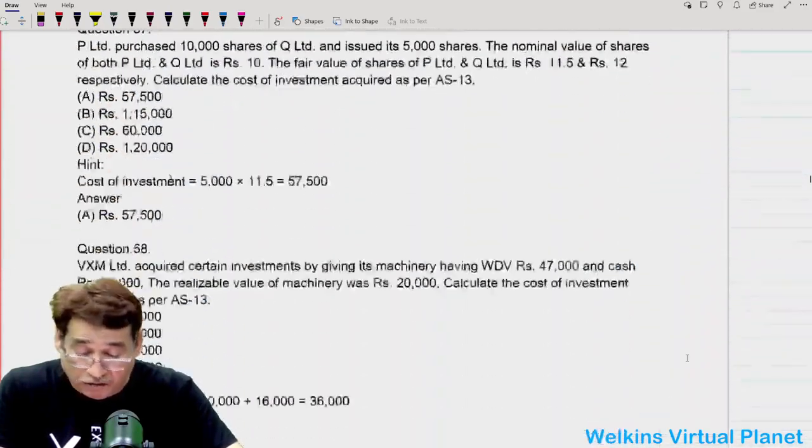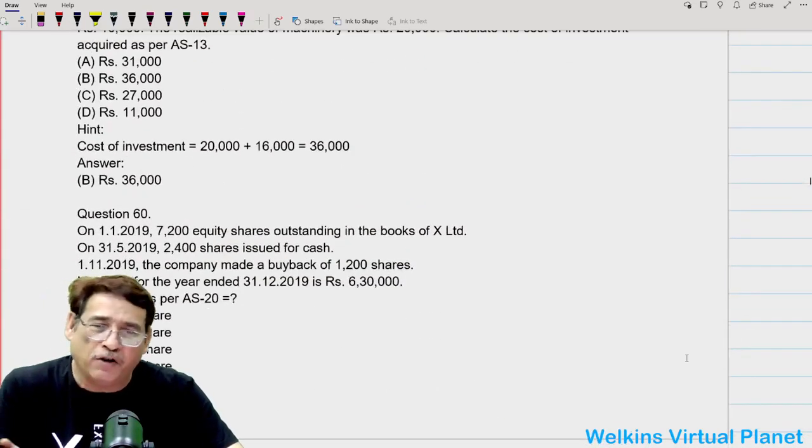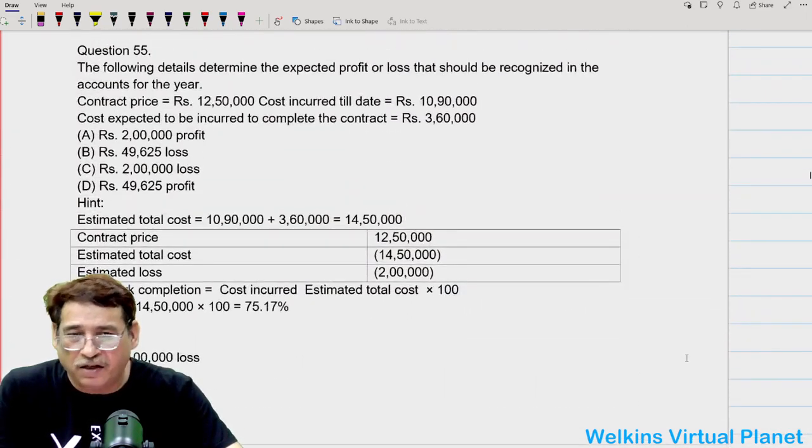So in the next session, we may do at least up to 50, or we may try to finish it in the next session itself, correct? Because if I start Ind-AS today, it might not get finished. So that is the reason.